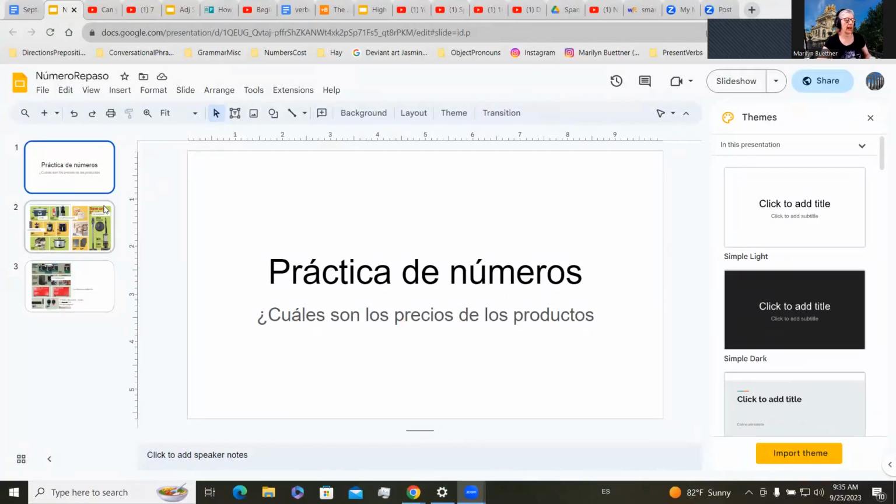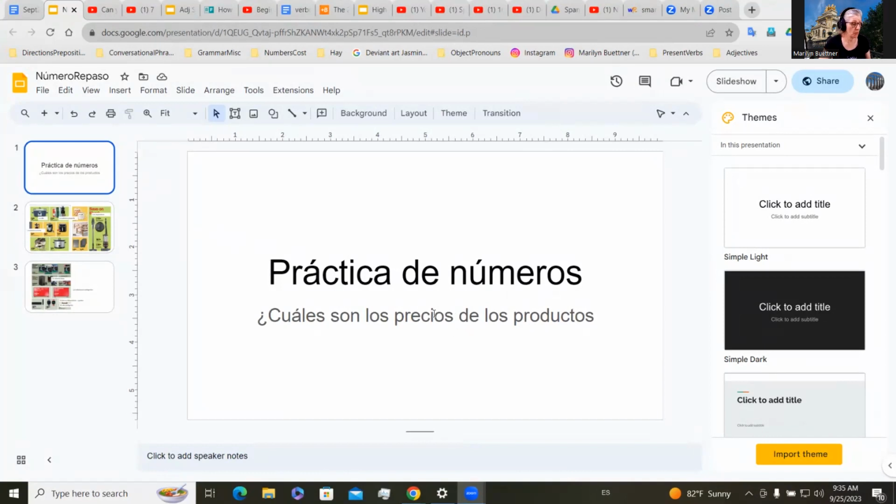So, bueno, vamos a empezar aquí antes de escribir un dictado, before writing a dictation. Primero vamos a empezar con fotos. Tenemos fotos útiles y vamos a hablar de las fotos de los precios, ¿sí?